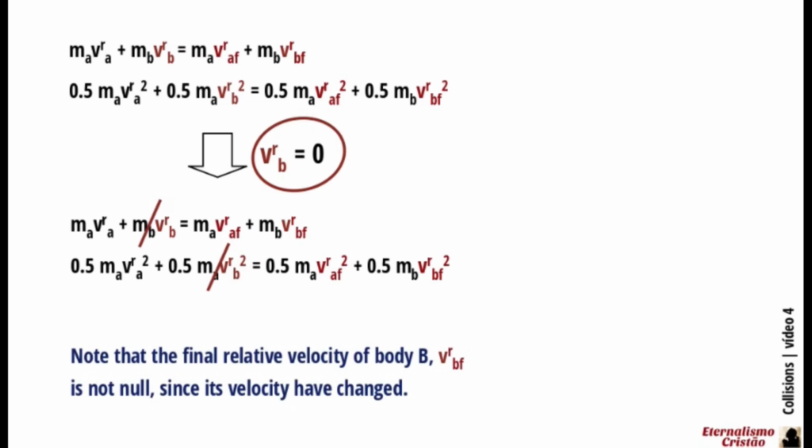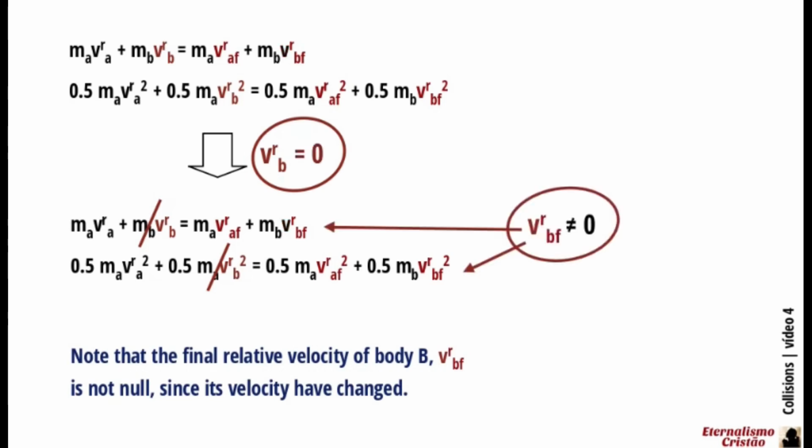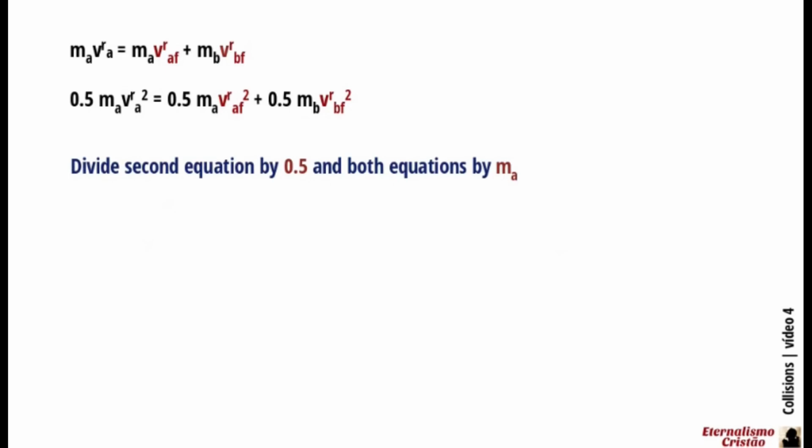Note that the final relative velocity of body B is not null, since its velocity changes after collision while the velocity of the moving reference frame does not change. Divide the second equation by 0.5 and both equations by ma.